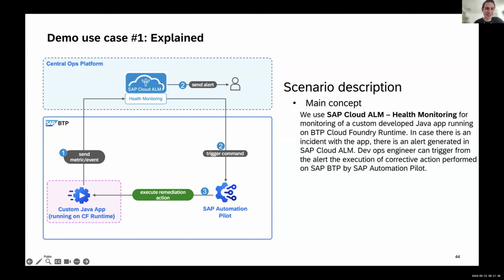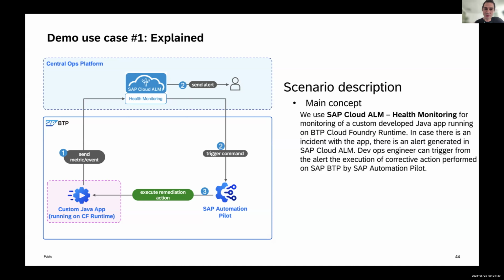And after that alert is created in Cloud ALM, it is possible, manually or automatically, to trigger a command that is already configured within our SAP Automation Pilot. That command is going to execute a particular remediation action.